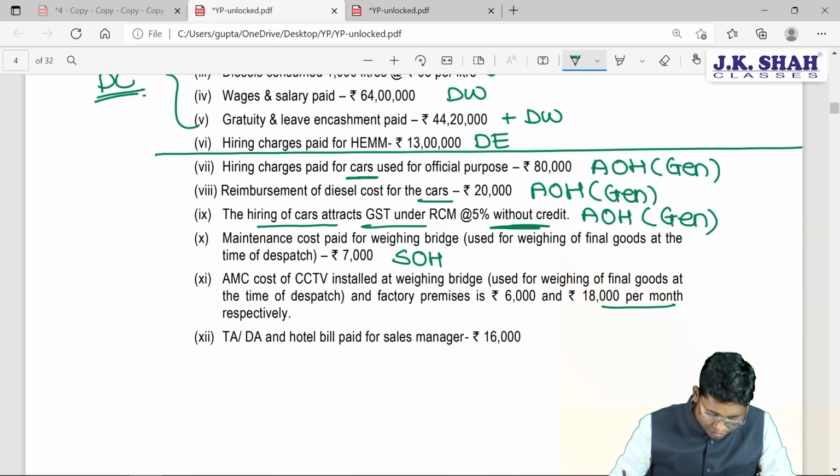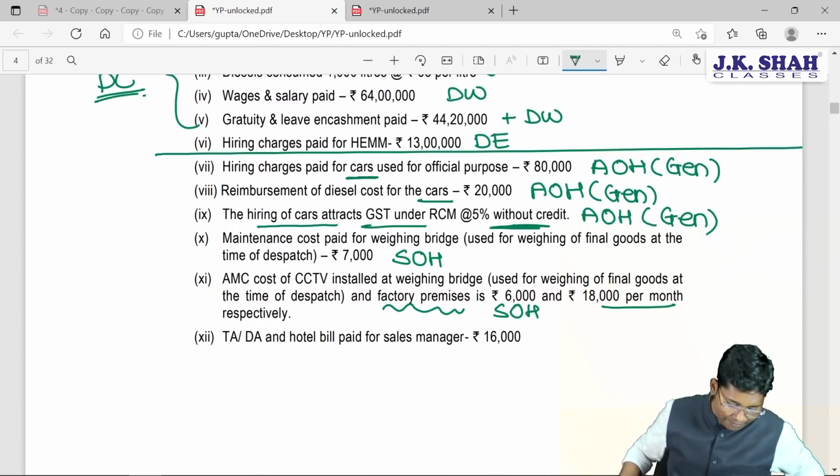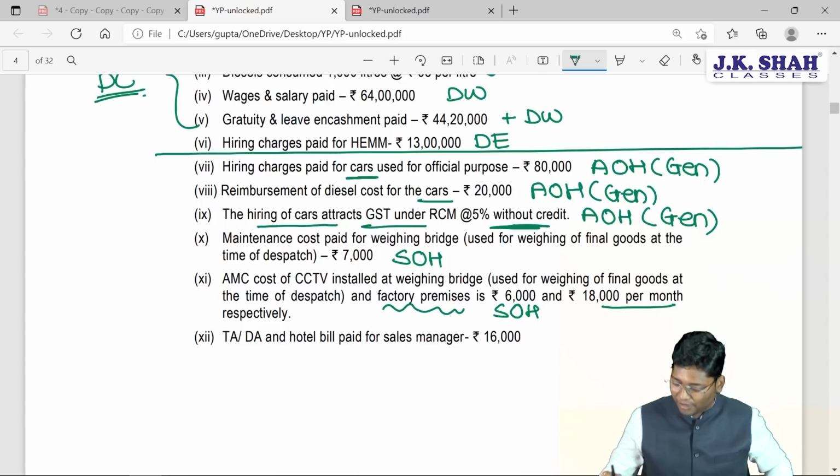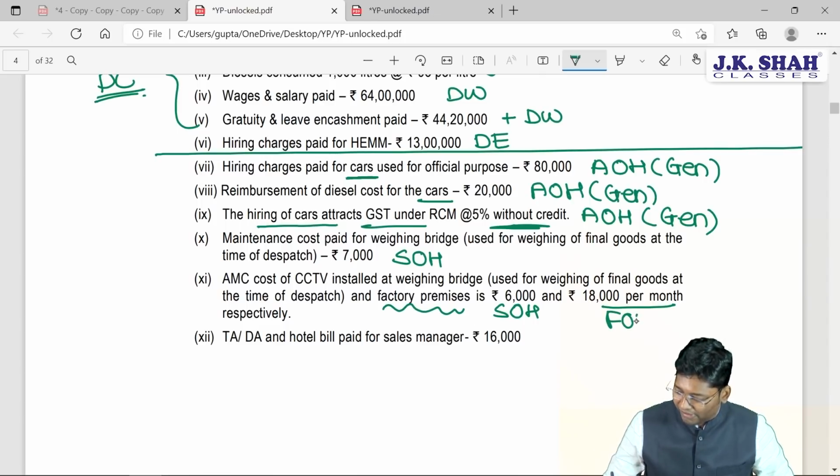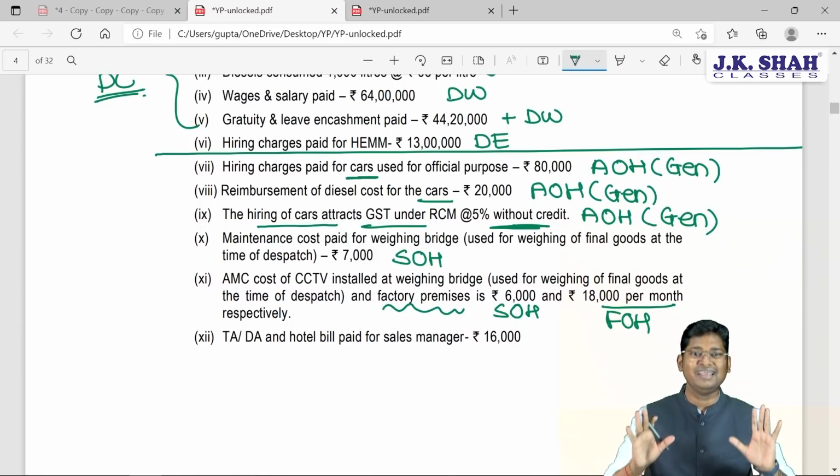So 6,000 rupees is your selling overhead, whereas the 18,000 rupees is related to your factory premises, and this we should record under factory overhead. It is pretty clearly given.